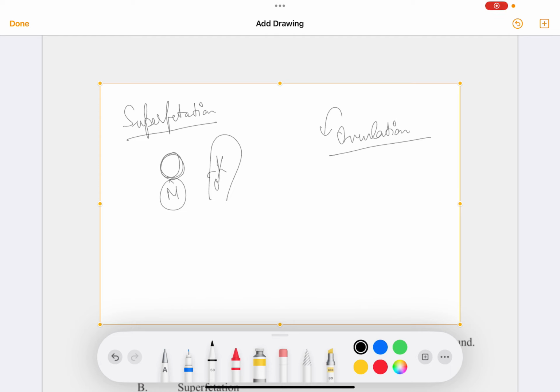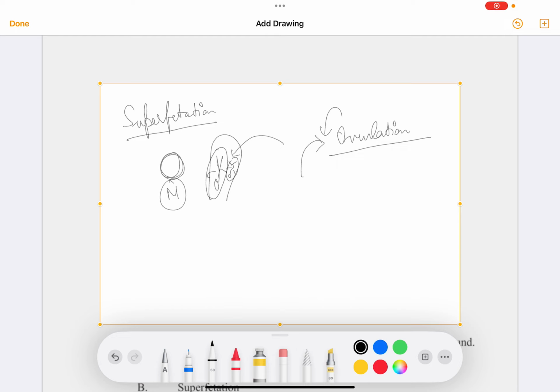Generally ovulation should not occur once pregnancy has happened, but if ovulation happens and fertilization occurs again with sperm, another baby comes into the uterus. Now this baby will be 1 or 2 months smaller than the first twin. So one twin will be the older twin and the other the younger twin. This is called superfetation, meaning one fetus superimposing on another fetus when it is already in the uterus.